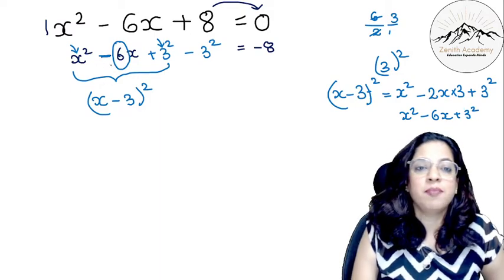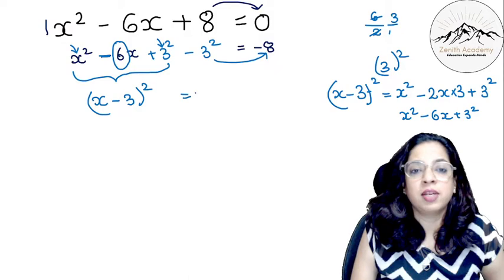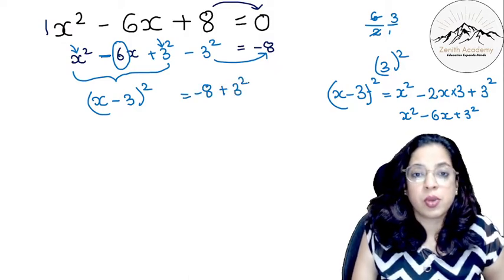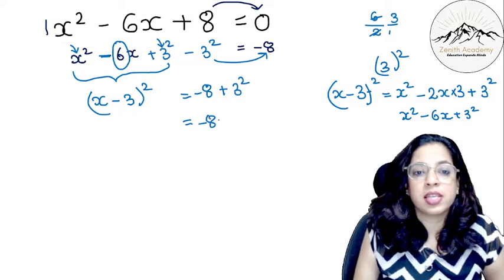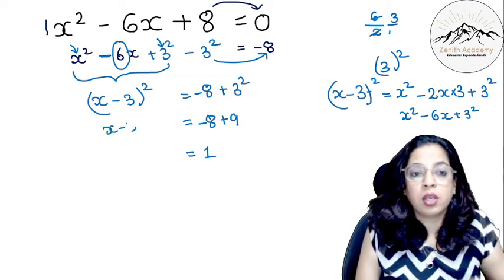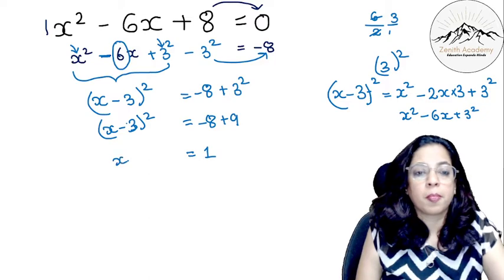So that is the same thing, correct? Now take this minus 3 square on the other side, it becomes minus 8 plus 3 square. So 3 square is nothing but 9, so it is minus 8 plus 9. And what is minus 8 plus 9? It is 1, right? Positive 1. So x minus 3 whole square is equal to positive 1.